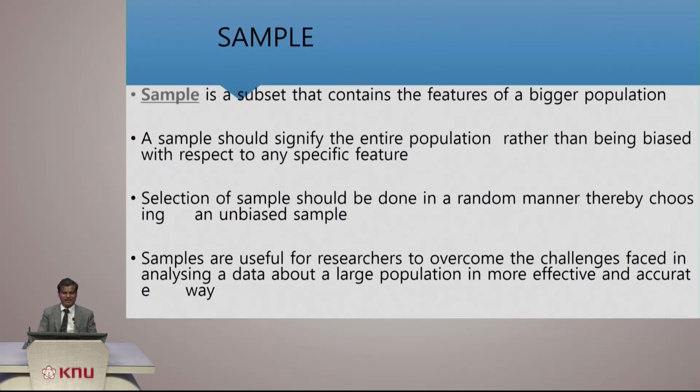And a sample, as we know, contains features of a bigger population. A sample should signify the entire population rather than being biased with respect to any specific features. For example, I talked about collecting a sample of 2000 students and asking them a question about whether they like to eat burgers. Well, if I just focus on the first year freshman students to ask the question, that is kind of biased.